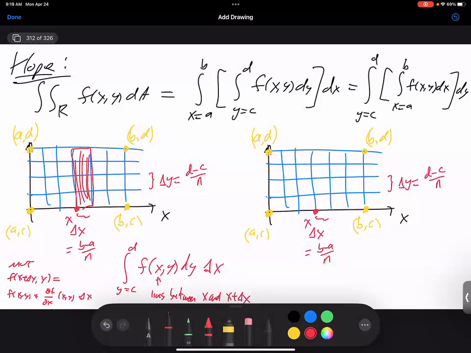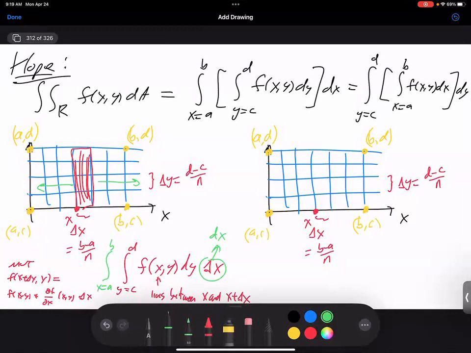And now I let x vary, and so I would integrate x goes from a to b, and this delta x is going to become a dx. What I'm really doing is summing over all of those boxes.